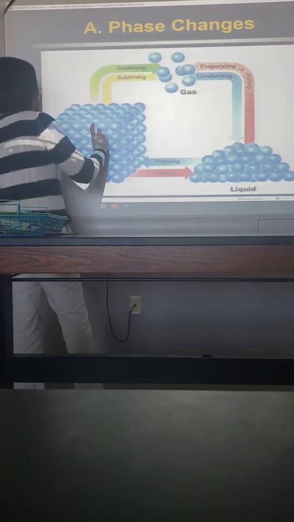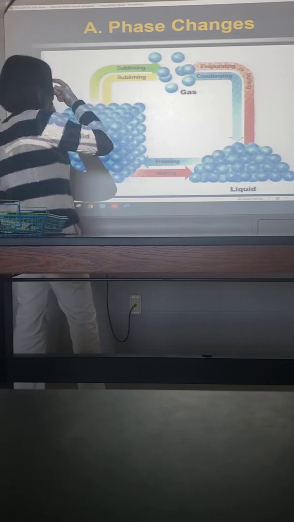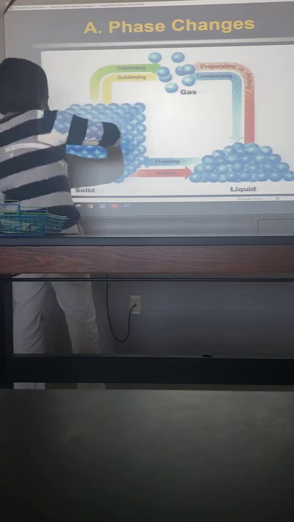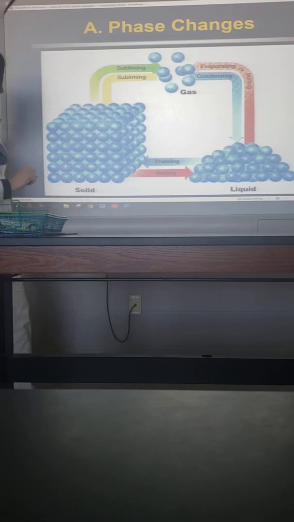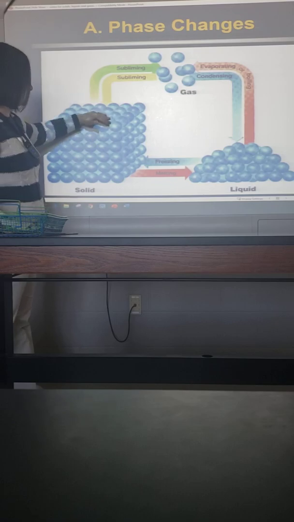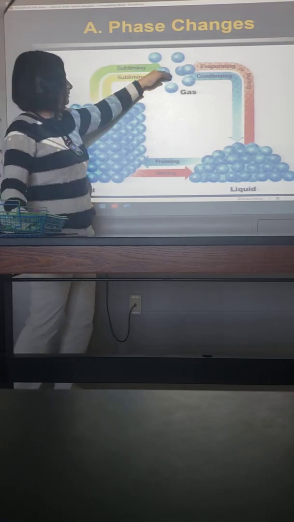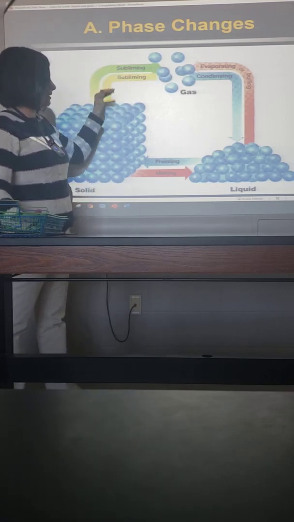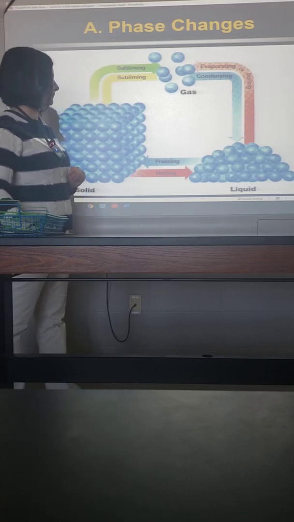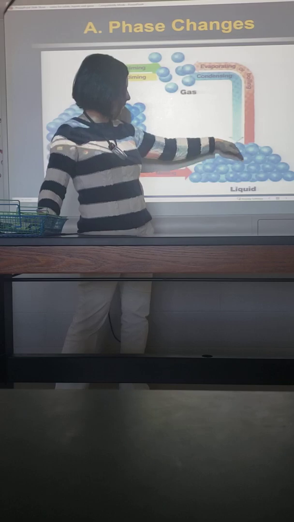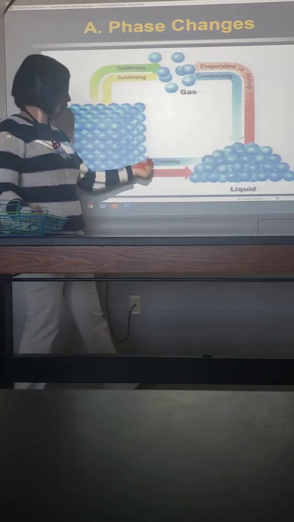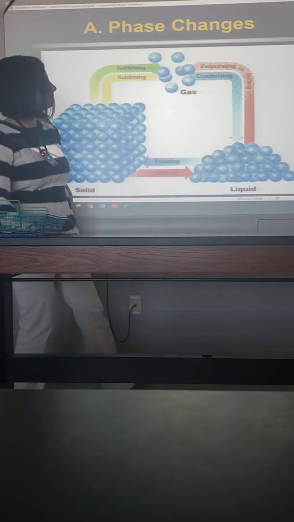And then if we go straight from the gas to the solid, right, we get that deposition process. And if we go from the solid straight to the gas, that is our sublimation process. Okay? If we go from the gas and things are getting colder, we go to the liquid. If we go from the liquid and get even colder, we get freezing.